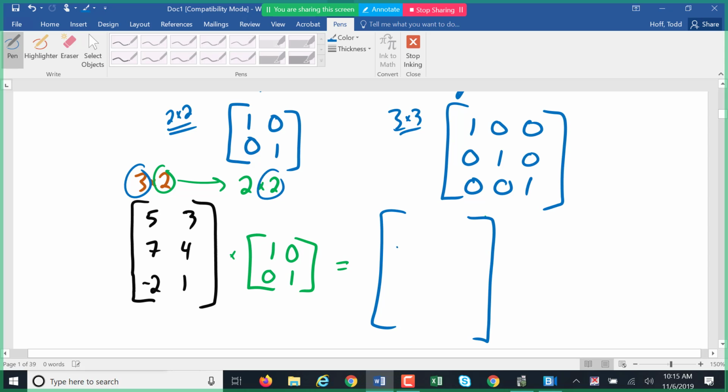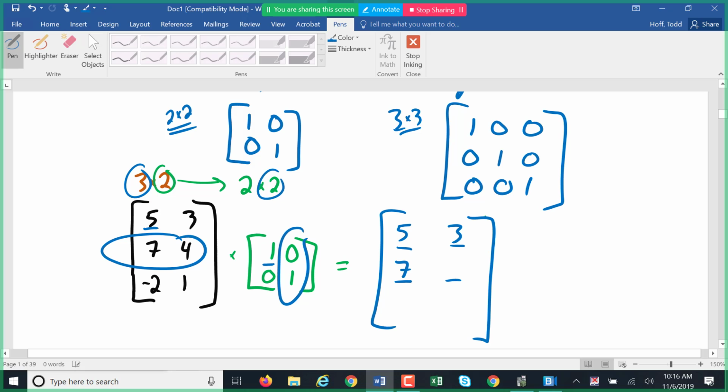In my first location here, row 1, column 1, you'll notice I have 5 times 1. The 0 isn't going to do anything. Row 1, column 2, well, I've got 5 times 0 and 3 times 1. So that's just 3 times 1, which is 3. In row 2, column 1, I got 7 times 1 and 4 times 0. That's just the 7.